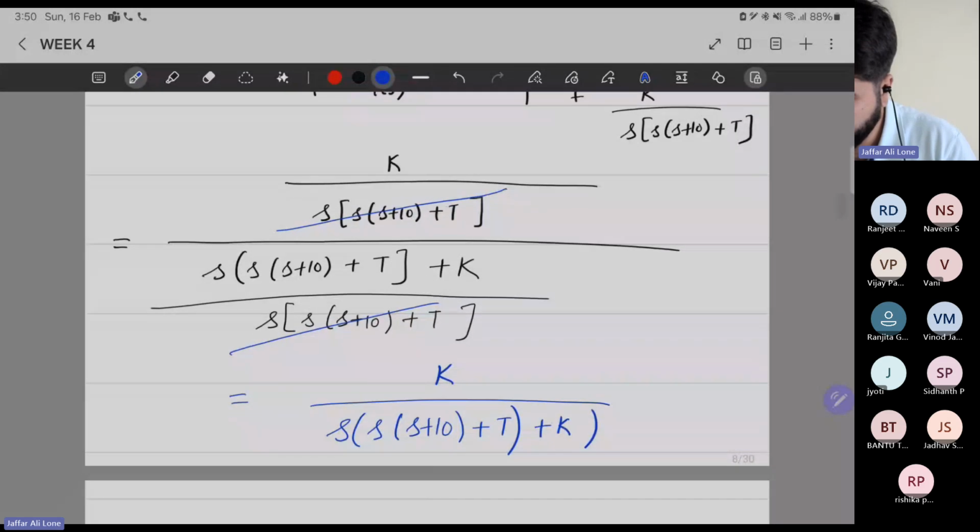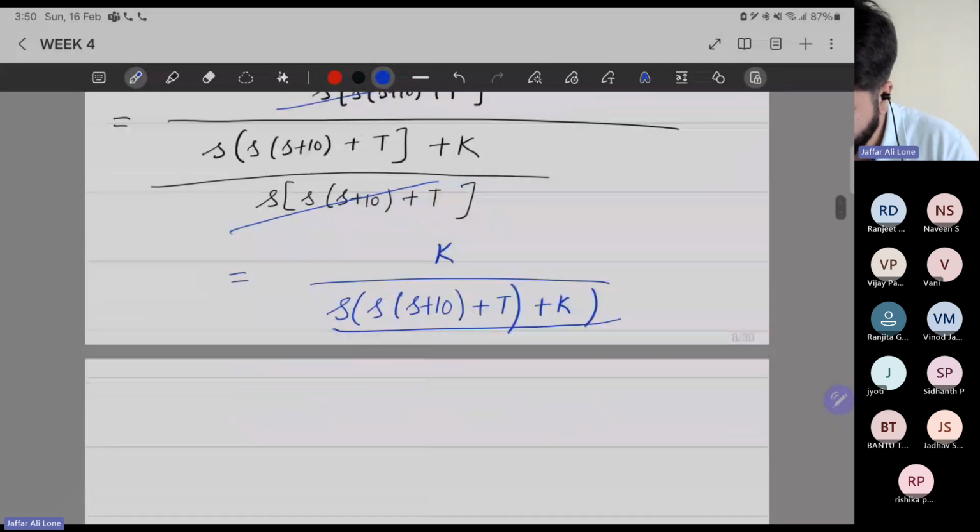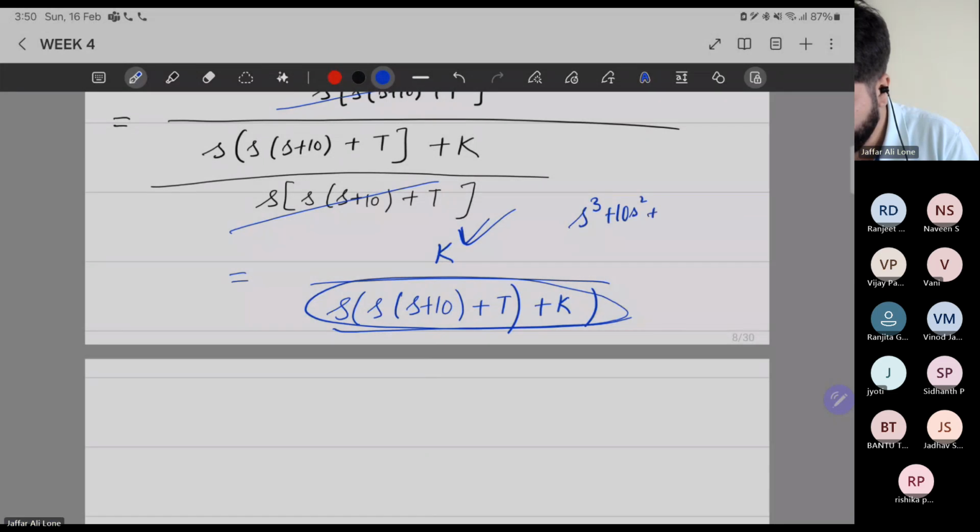From this closed loop transfer function, the denominator is the characteristic equation. You don't have to do anything with the numerator, only the denominator. Then if you solve it, it will be s cube plus 10s square plus ts plus K. Now is it clear? Yes, sir, I clearly understood. Thank you very much, sir.